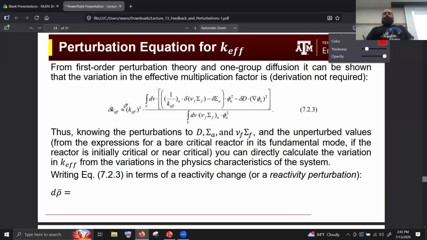By definition, we could take this equation and, instead of writing it in terms of a perturbation in K effective, write it in terms of a perturbation in the reactivity.